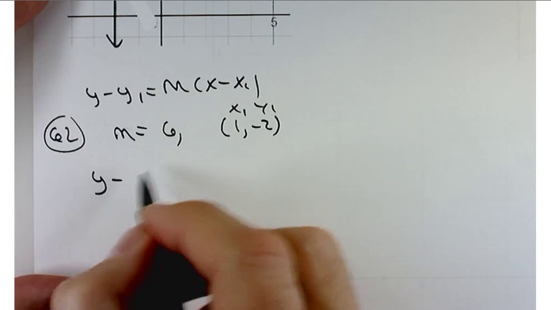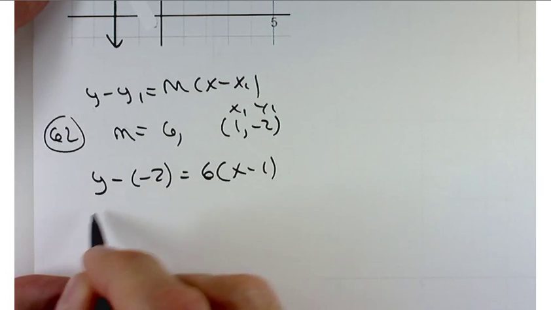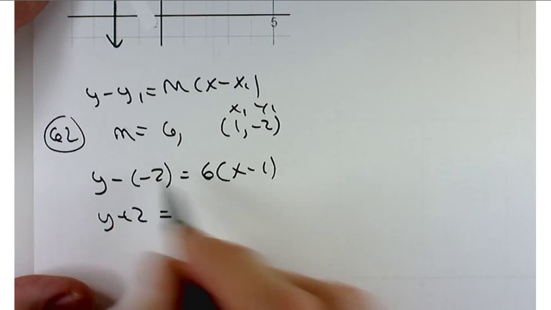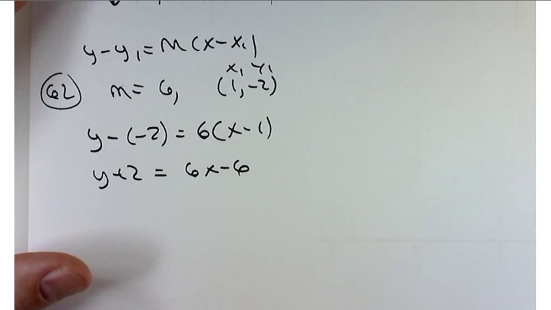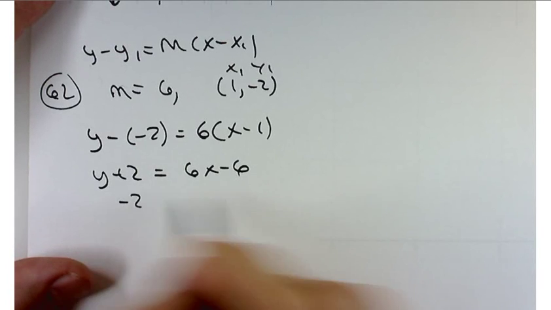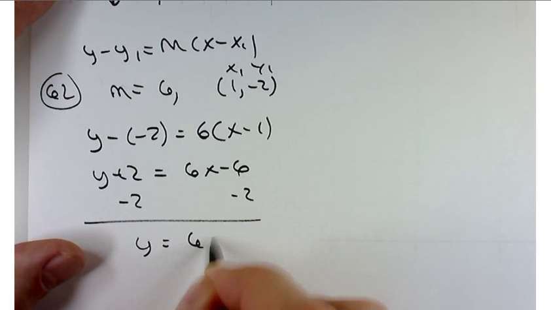So it's y minus negative 2 equals 6 times x minus 1. Let's make that double negative a positive and distribute the 6 on the right-hand side. If I subtract 2 from both sides, then I end up with y equals 6x minus 8.